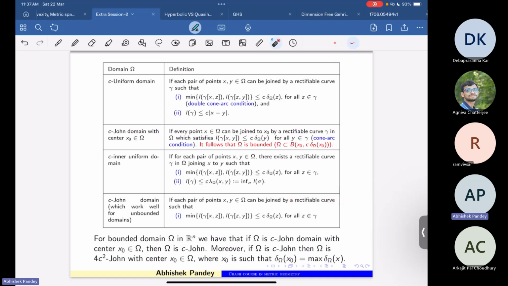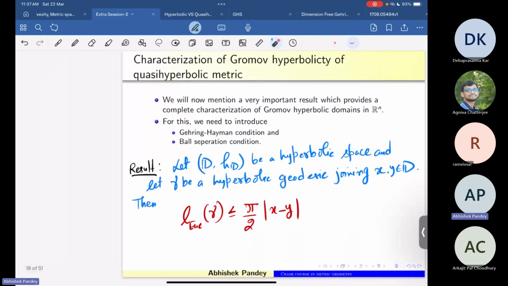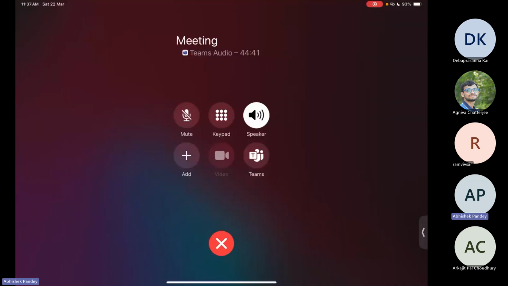If we have a Gromov-hyperbolic John domain, then every quasi-hyperbolic geodesic satisfies this condition. Our aim is to find a rectifiable curve, and the quasi-hyperbolic geodesic will do the job once the domain omega is Gromov-hyperbolic.